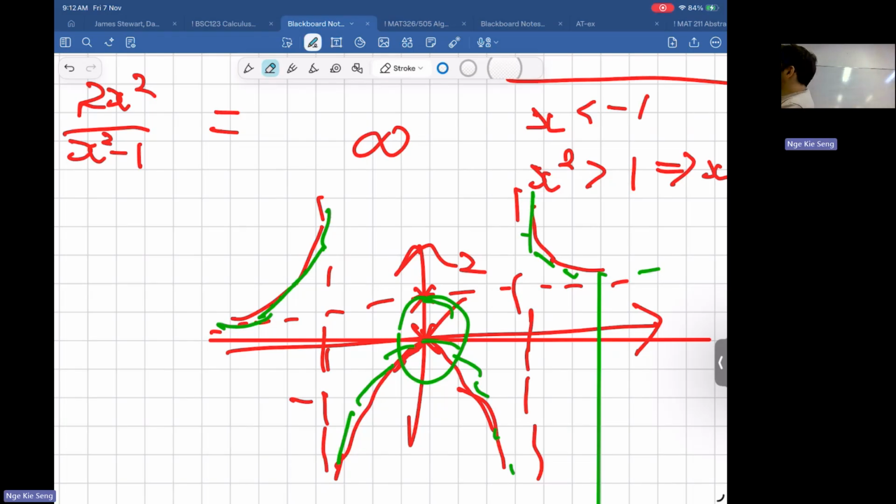So basically you can split this picture into three parts, right? The left, middle, and right parts based on the vertical asymptotes. On the left one, it should be concave upward because the curve is above the tangent line. In the middle one, the curve is below the tangent line, so it is concave downward.